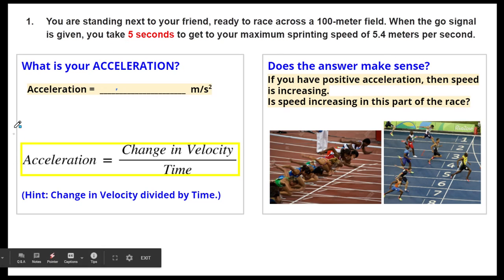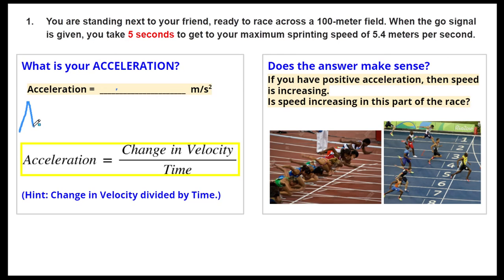To calculate acceleration, we take our change in velocity and divide it by time. Positive 5.4 meters per second divided by 5 seconds gives us acceleration equal to 1.08 meters per second squared.